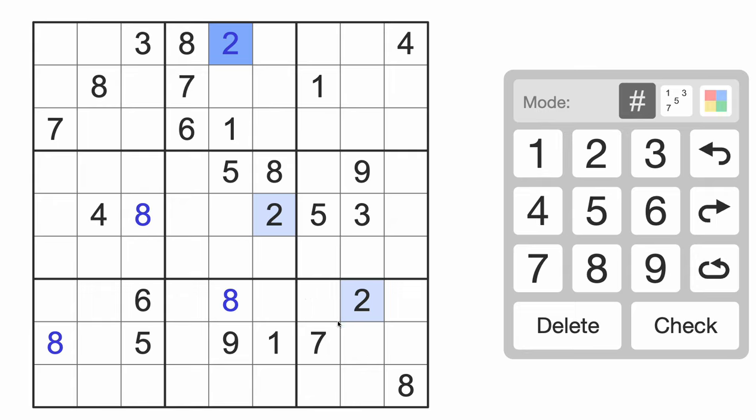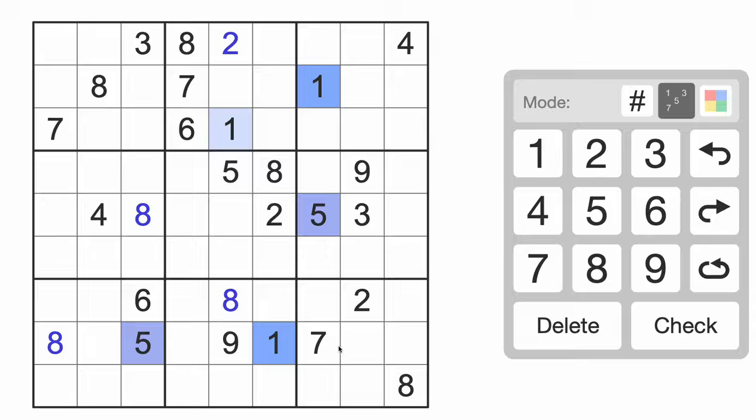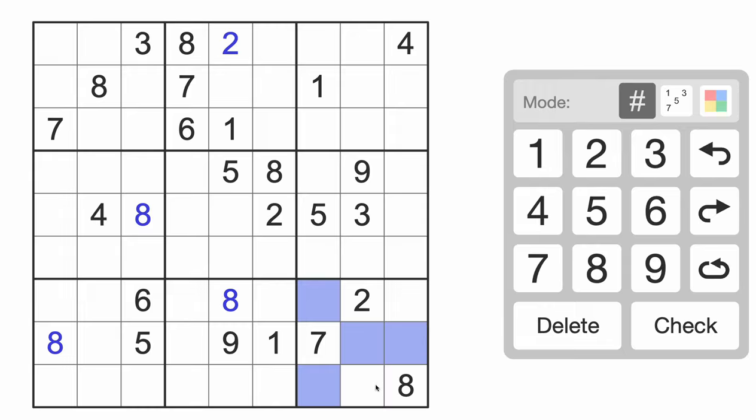And now there's a double in box 9 because column 7 has 1 and 5, and the row 8 also has 1 and 5. That means in box 9 I cannot use 1 and 5 in these cells and these cells. So 1 and 5 have to share these two cells.